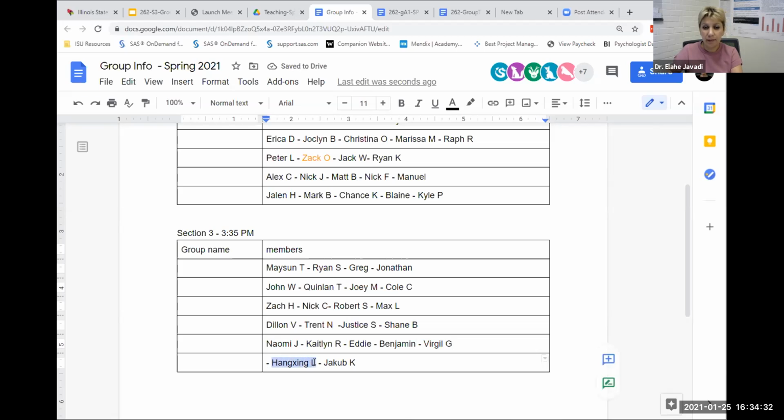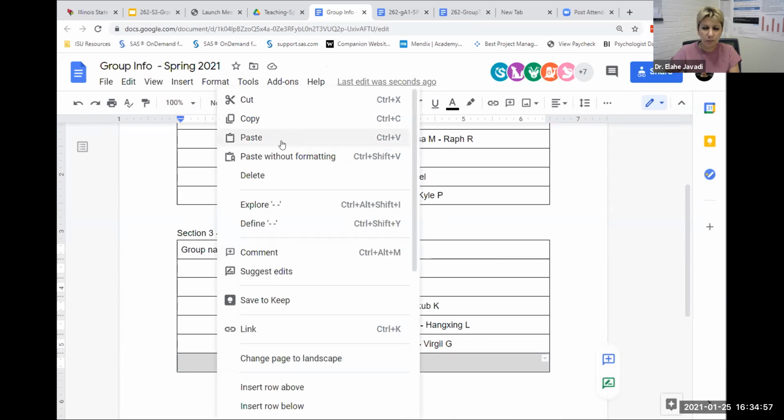I didn't define groups of 5 in the last section because their numbers are different. They have groups of 4 and 1 5. So here, is that okay with everyone? Yes.